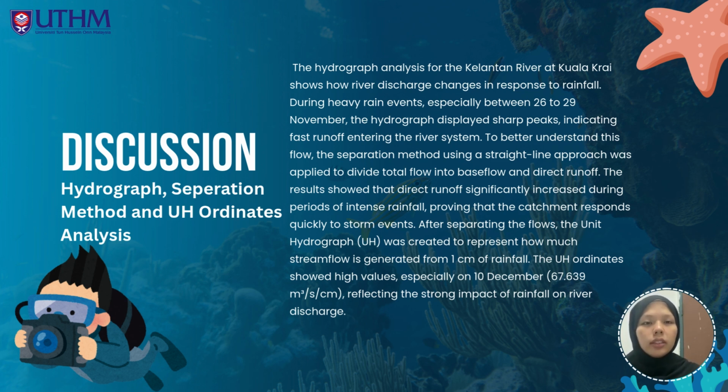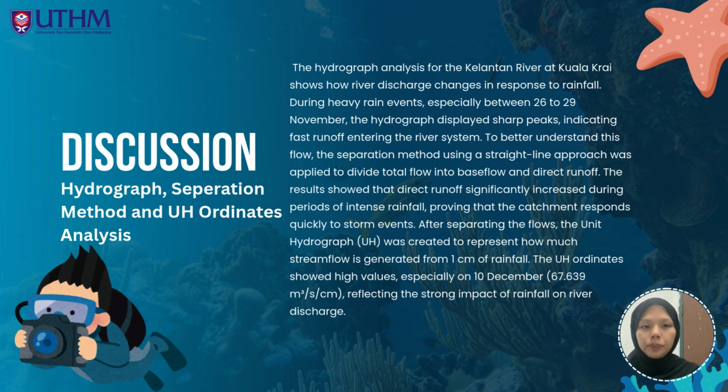To better understand this flow, the separation method using a straight line approach was applied to divide total flow into base flow and direct runoff. The results showed that direct runoff significantly increased during periods of intense rainfall, proving that the catchment responds quickly to storm events.